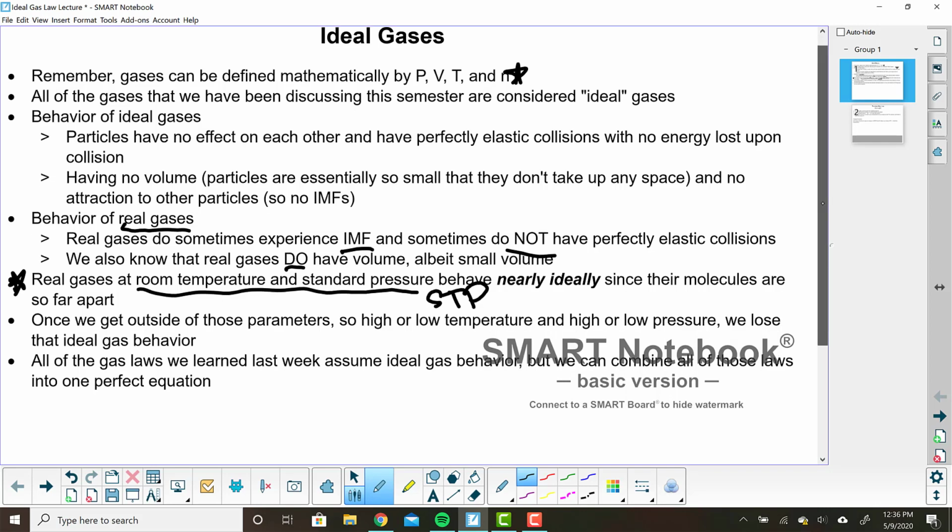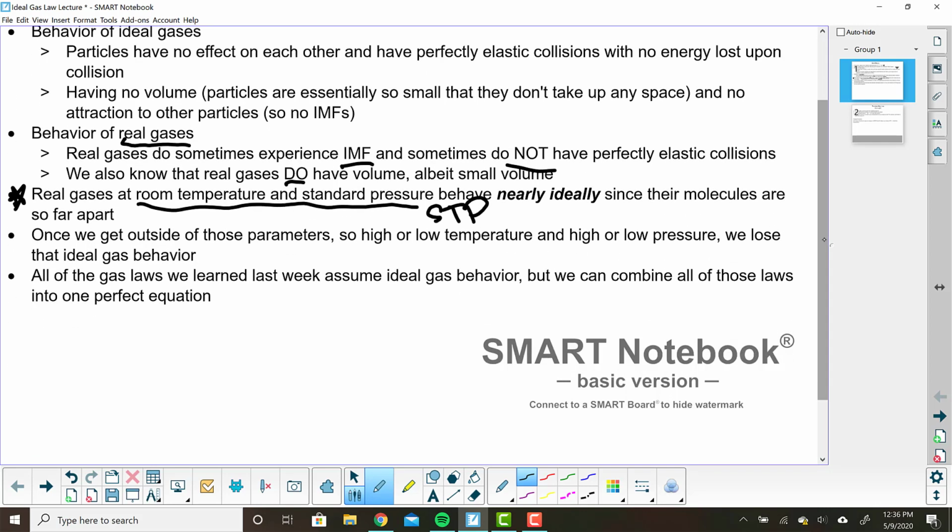But when we get higher or lower temperature, or higher or lower pressure, we tend to lose that ideal gas behavior, and we get back into the idea that we lose some energy after particles collide, and they do take up space. So we have to consider more complex mathematics if we treat gases as real gases. But we are only going to talk about ideal gas behavior because the math is simply too complicated for us to assume any real gas behavior.